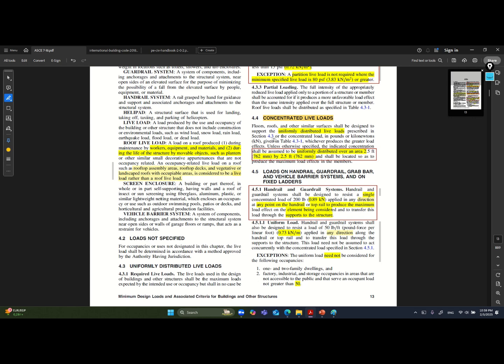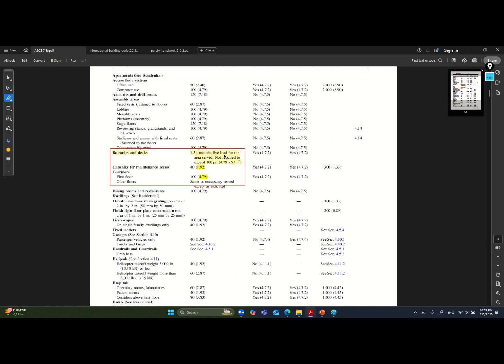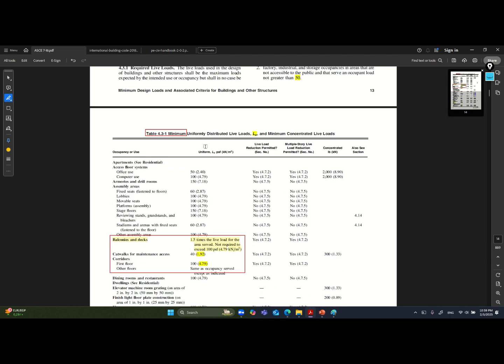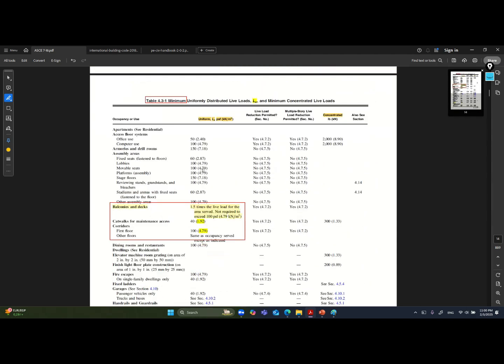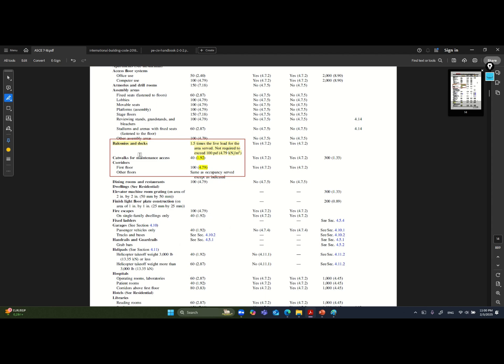So if I have a building and I am going to design it, I am using these values. But if I have a local check, like if I'm going to design grating maybe, then I check the concentrated load, and I will check with the uniform live load. And as I show here, that is the important part that you are going to use.